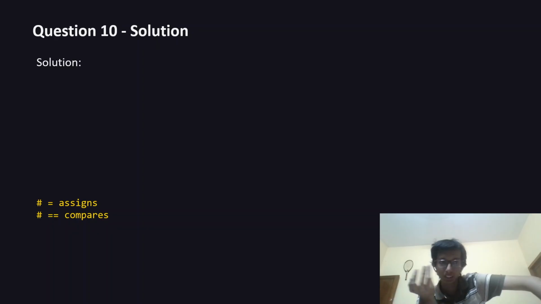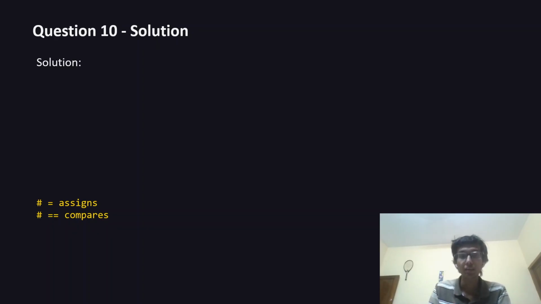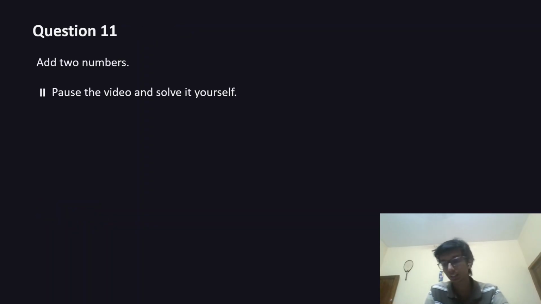The computer doesn't accept that because it says, hey, 5 is assigning to 5. What does that mean? So it gets confused. So when we have to compare 5 is equal to 5, yes or no, that's when we say 5, 2 times equal, 5. That's basically comparison, saying 5 is equal to 5. That's going to be very important for you guys. So let's go to the next question.